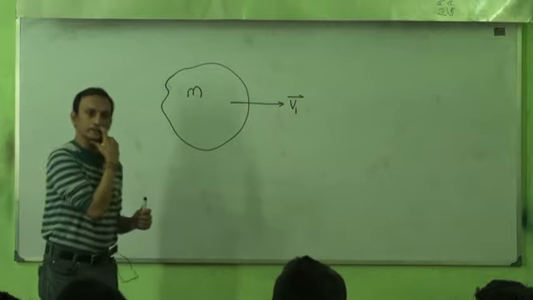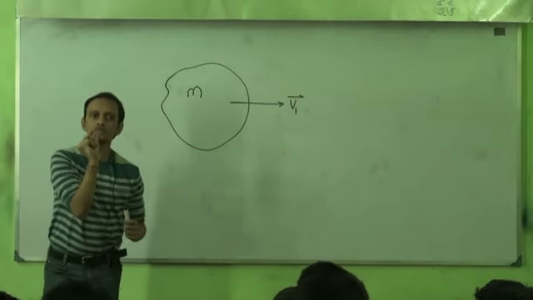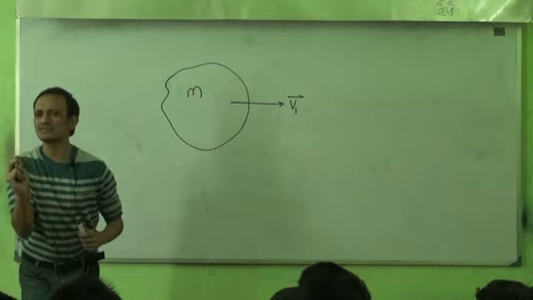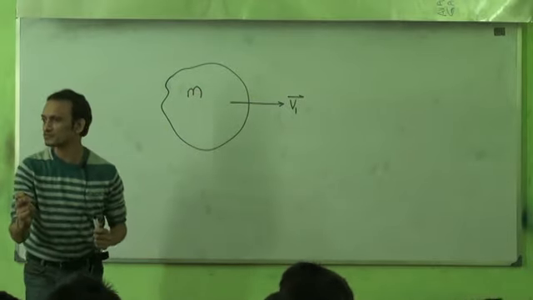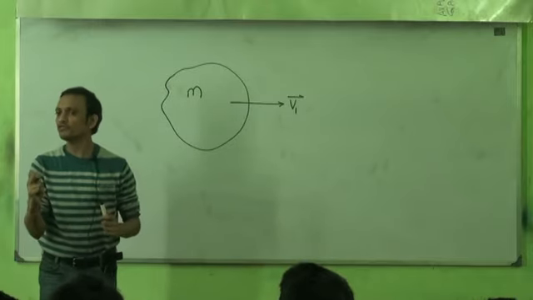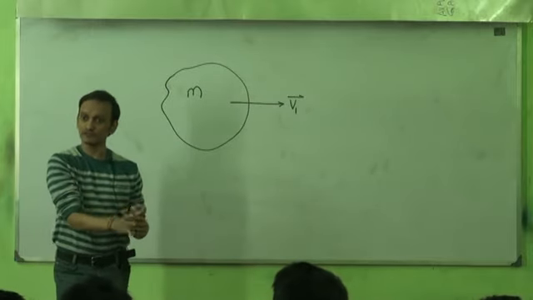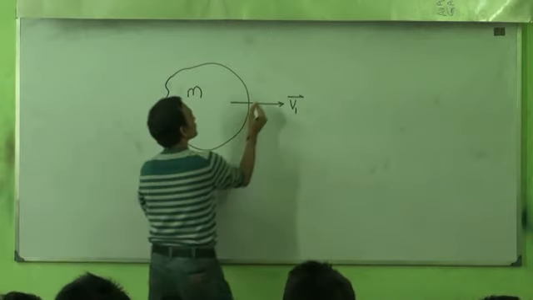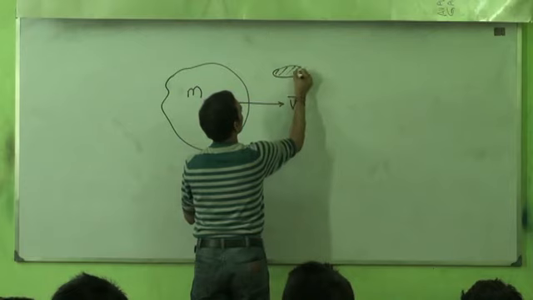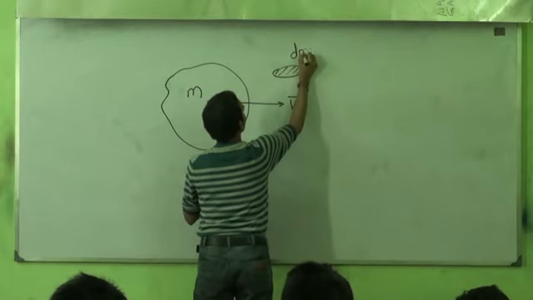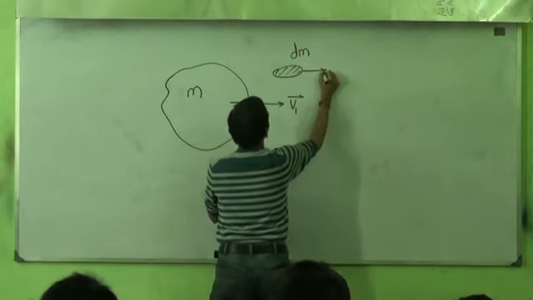This instant of time, it released a small amount of mass dm with a velocity v2, right? Small amount of mass dm, it released with a velocity v2.